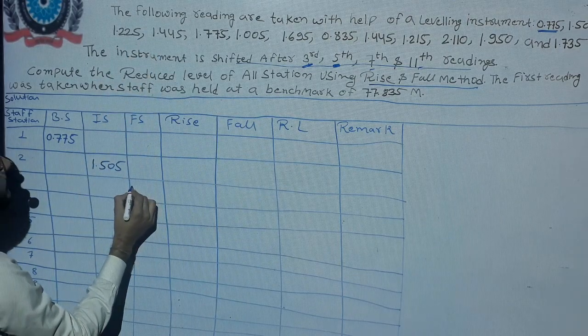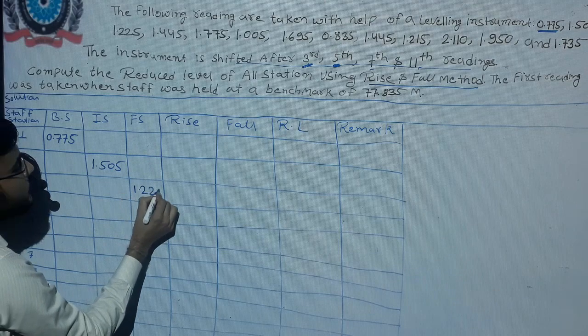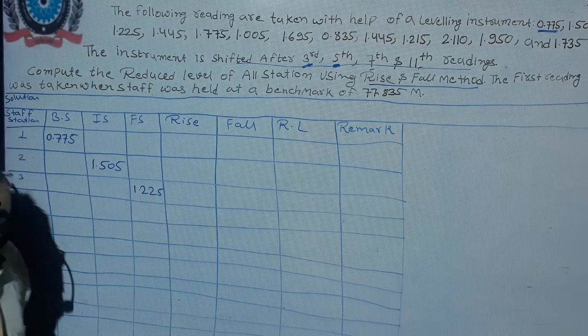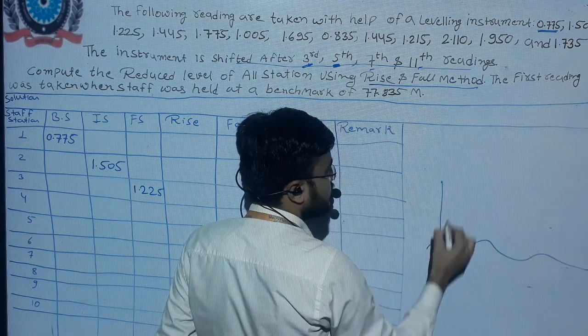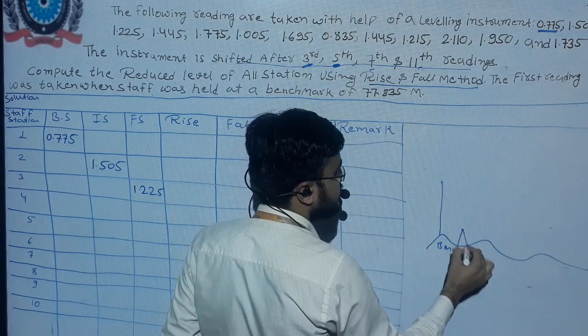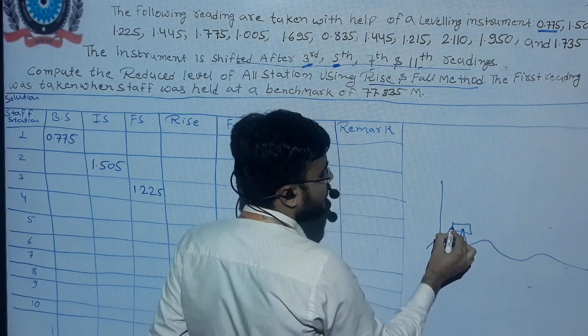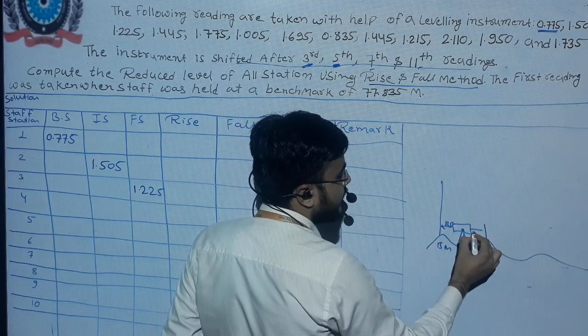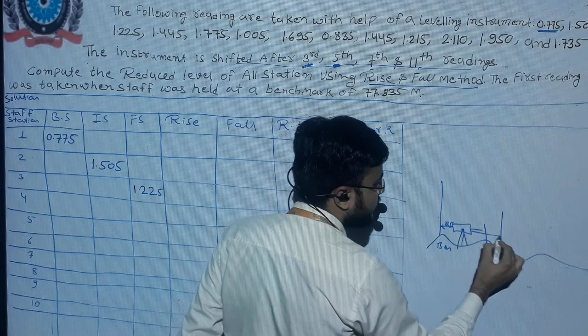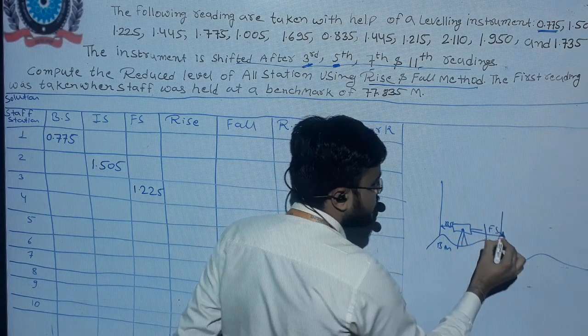Now I will write 1.225 here. Now here is our diagram. First point, our benchmark. This is our level. The first reading is backsight, the second reading is intersight, and the third reading is foresight.